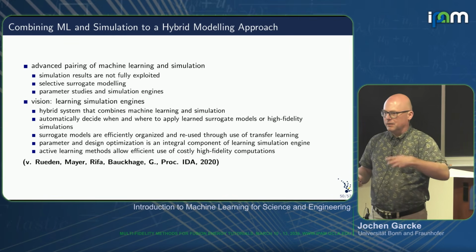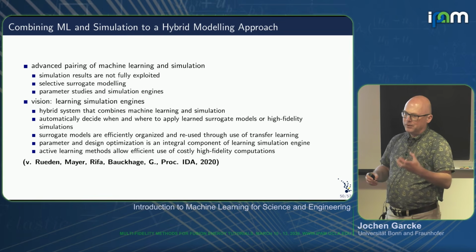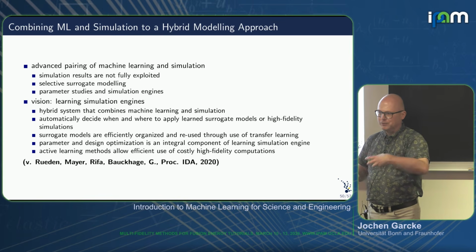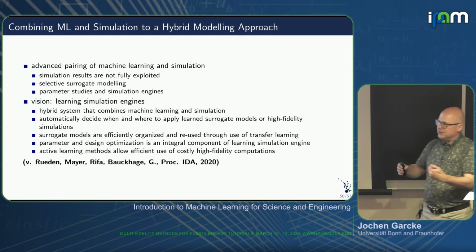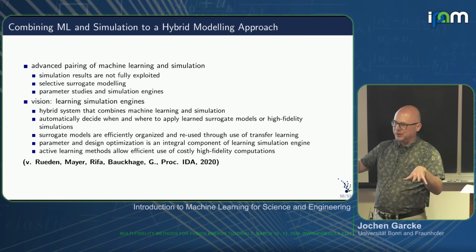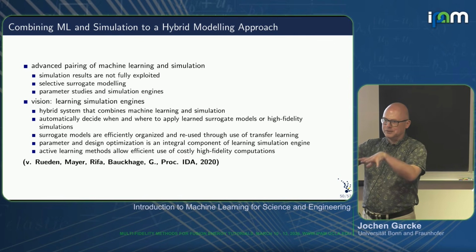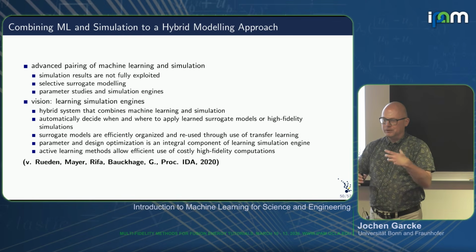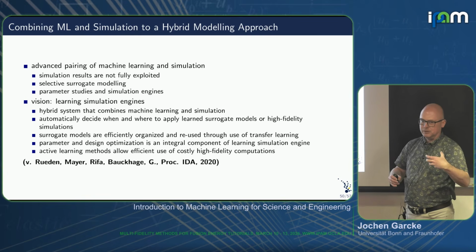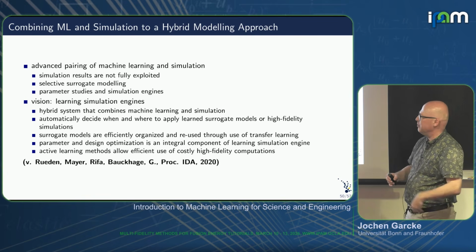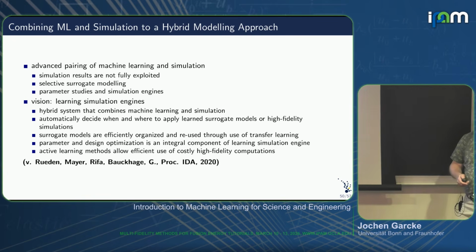With machine learning, you might be able to think about which model to use when, which prediction accuracy I need for which task, or even think about domain decomposition, where you separate your domain into different models. In some areas you can use a surrogate model, in some areas you need a more specific model, and machine learning can maybe help you to realize that.